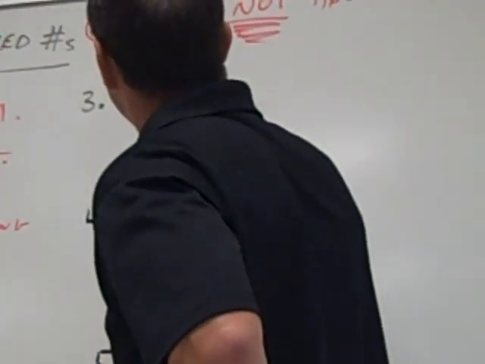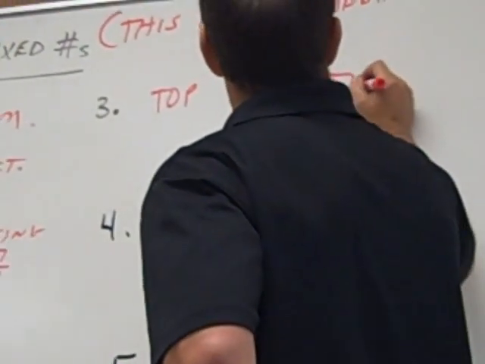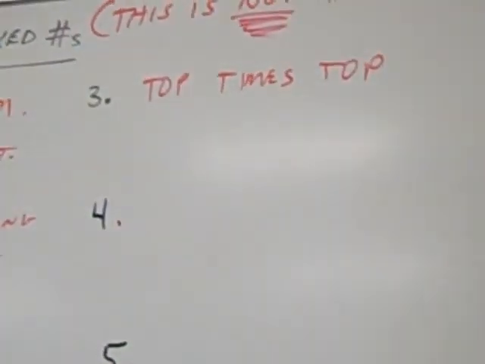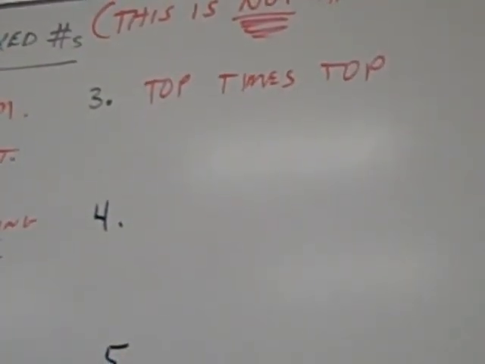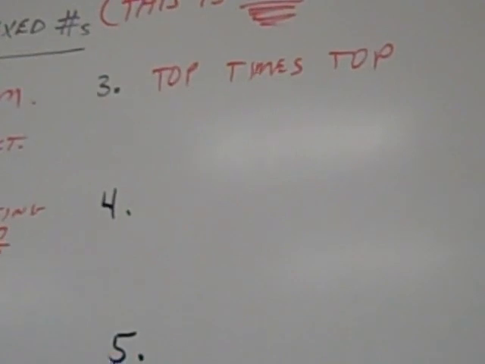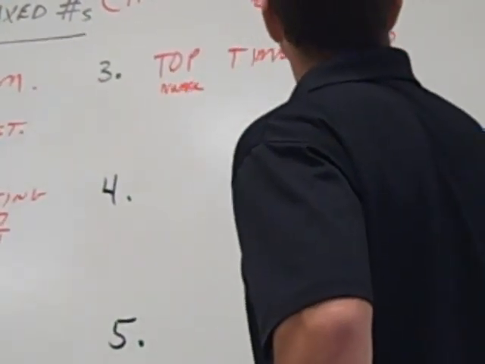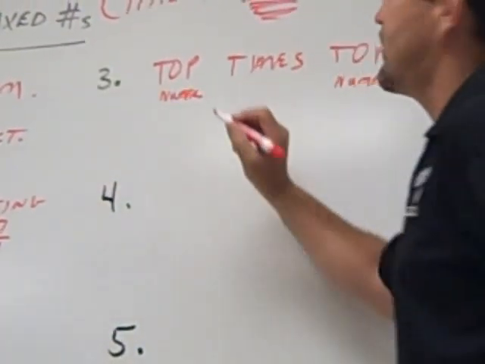Here we go. Look how easy this is. What does that say? Top times top. Numerator times numerator. 2 times 3? 6.